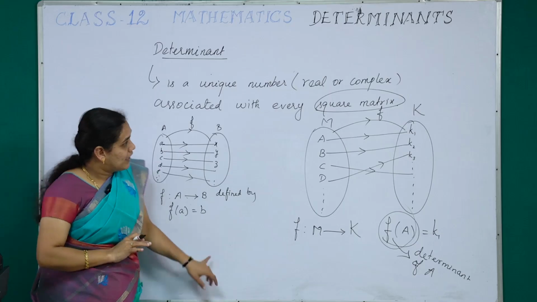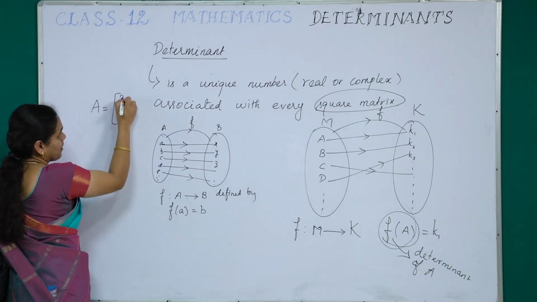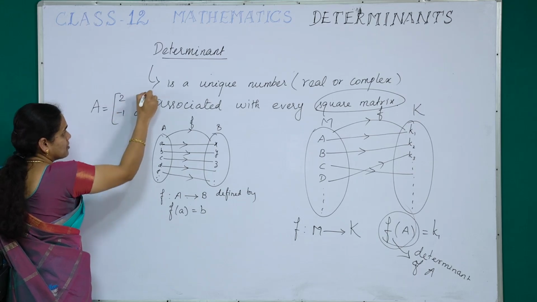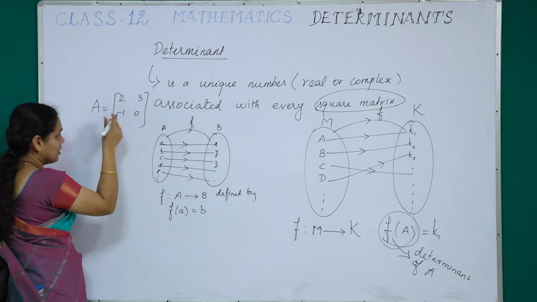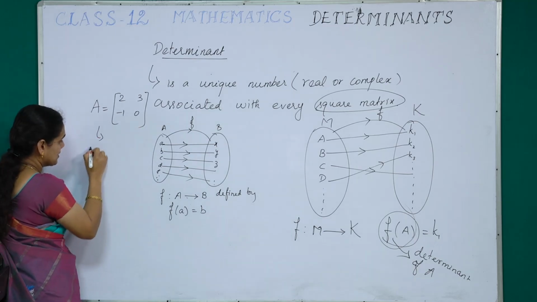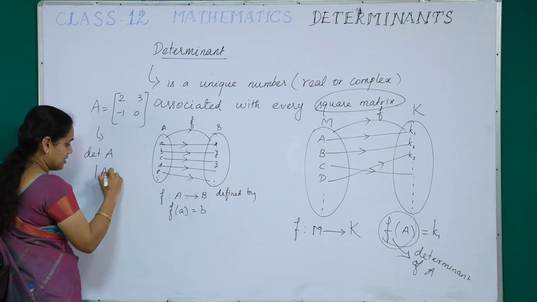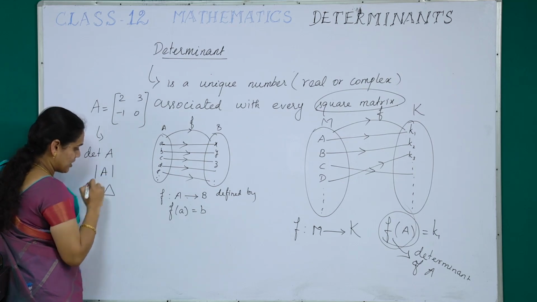Determinants are denoted as follows. Suppose A is the matrix 2, 3, minus 1, 0. If we find the determinant of this matrix, we denote it as det A, or determinant of A, or using this small triangle symbol.